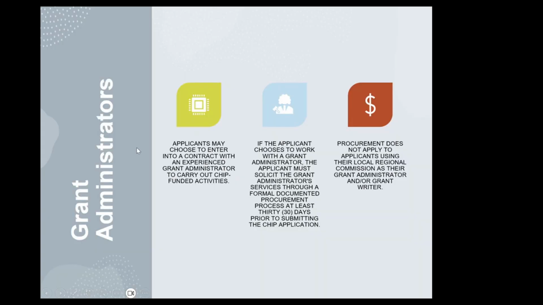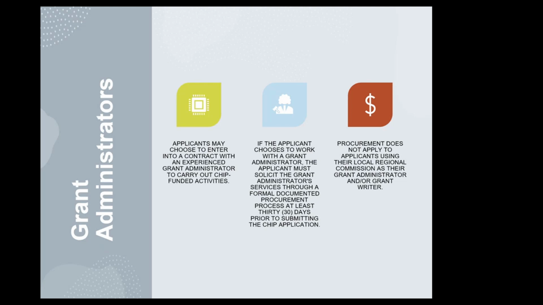So I want to talk a little bit about the grant administrators, because a lot of our successful CHIP applicants work with grant administrators. So I just want you to focus in on the part of the application and consider procuring a grant administrator.